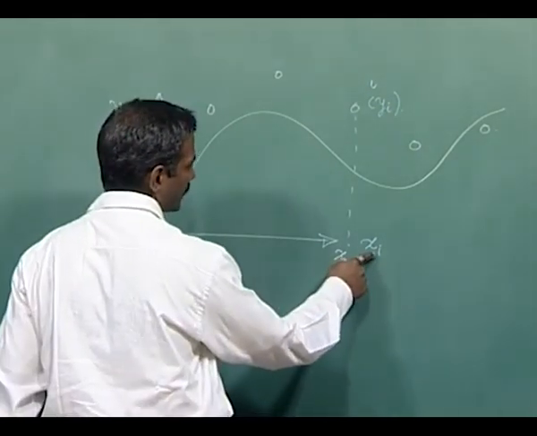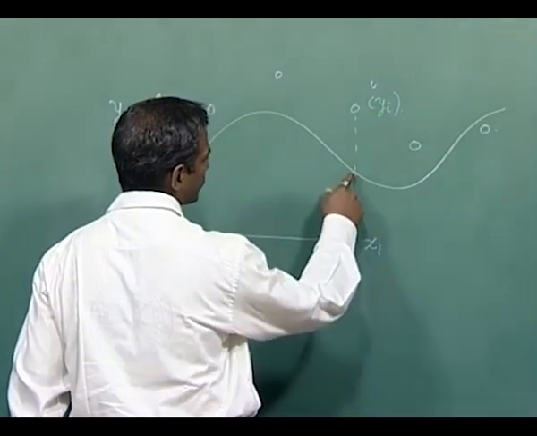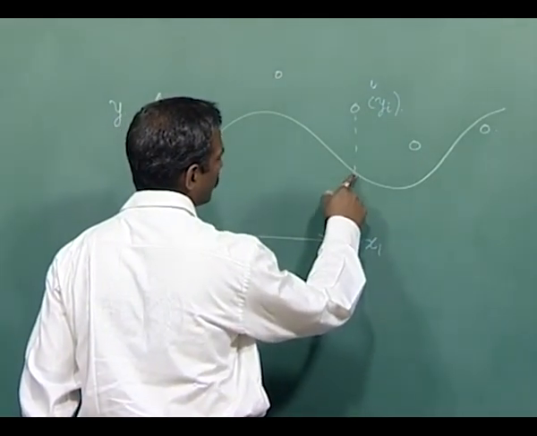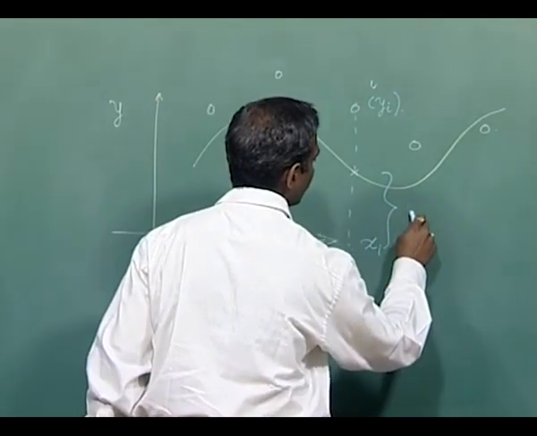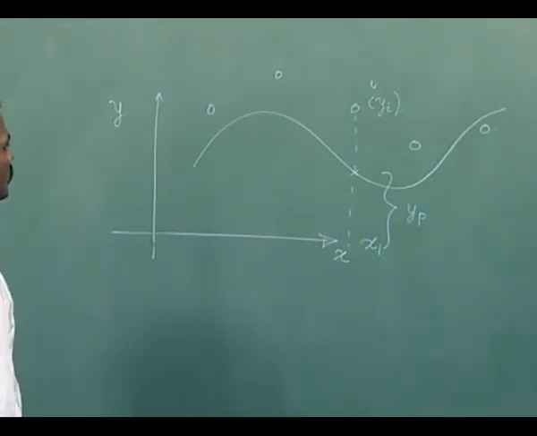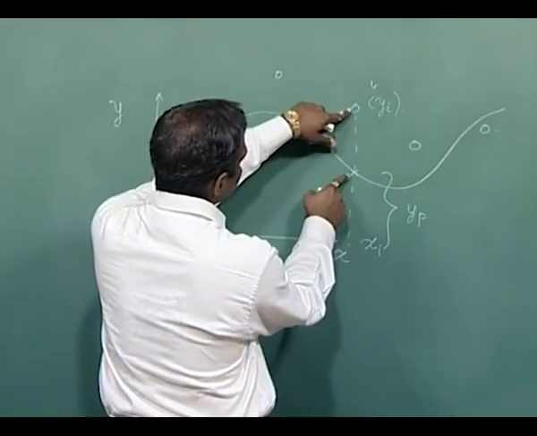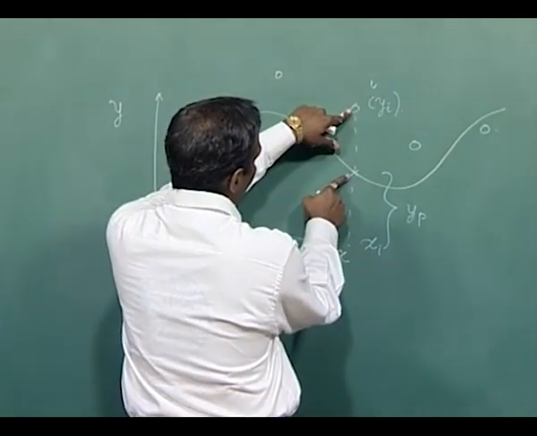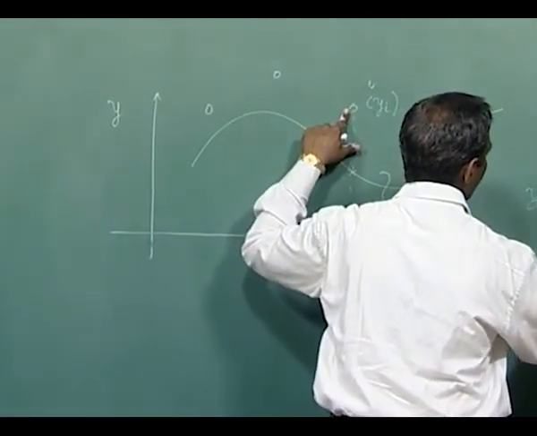At x equals x_i, the ordinate predicted by this quadratic polynomial is, let's say, y_p. Naturally, the error would correspond to this distance, which is y_i minus y_p.